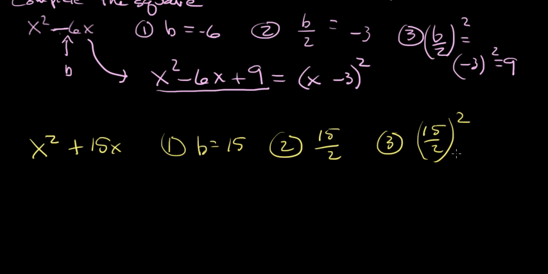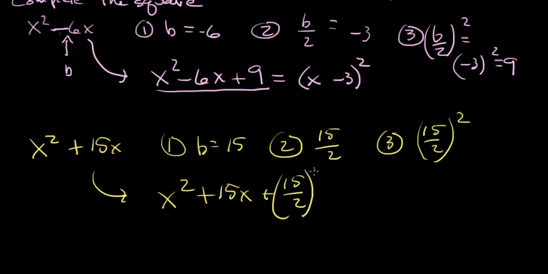Now, rather than multiply this out, I'm just going to leave it in this form and say x squared plus 15x plus 15 over 2 squared equals, watch, x plus 15 over 2 quantity squared. Isn't that cool? And so what can I do with all this? Well, I'm going to show you. We're going to use it to solve quadratic equations.